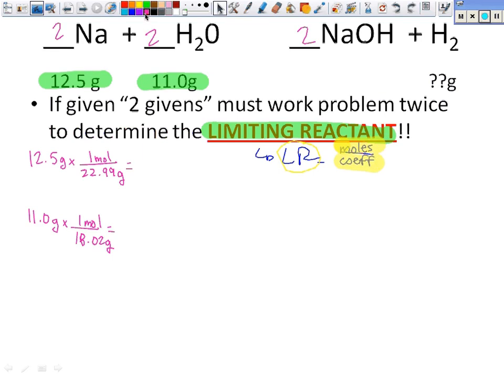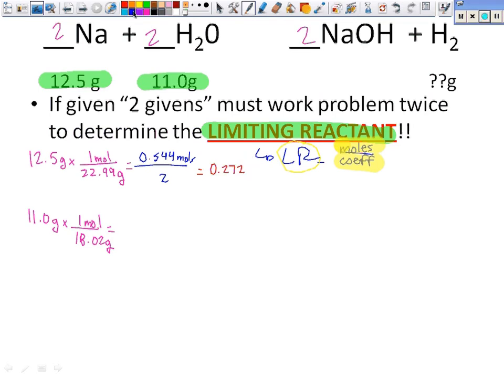All right, so what was the number of moles you got for sodium? 0.544 moles, and then when you divided it by 2, what'd you get? 0.3 something? Okay, 0.27 what? 0.272.